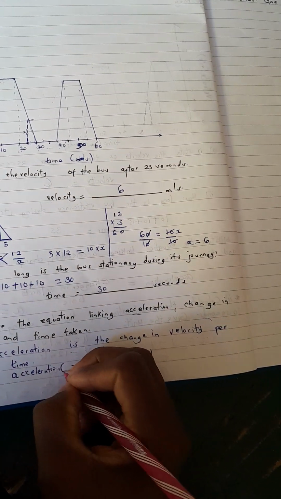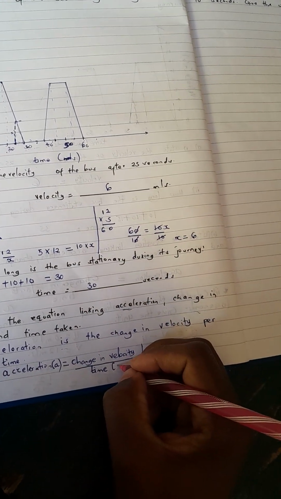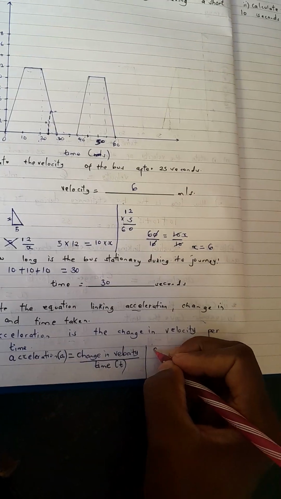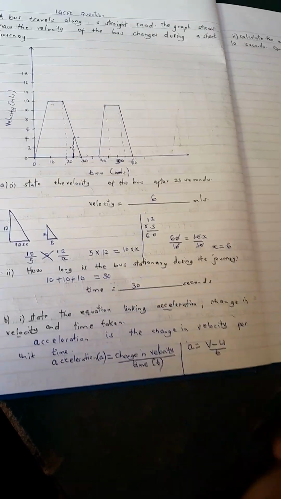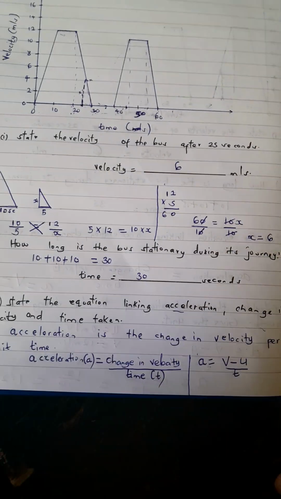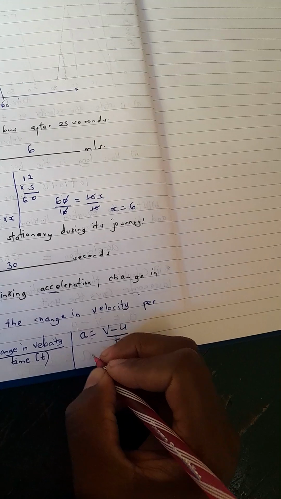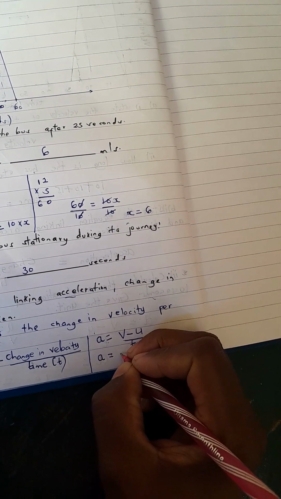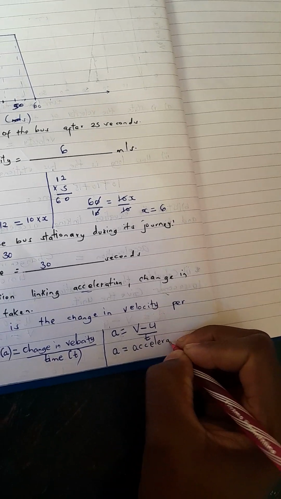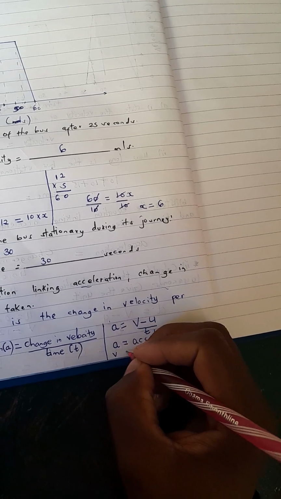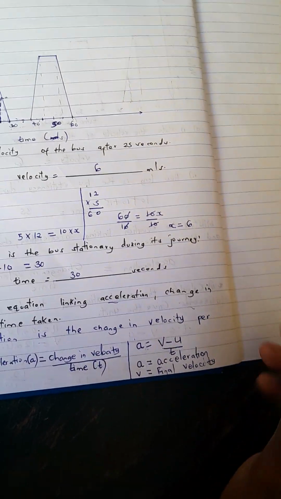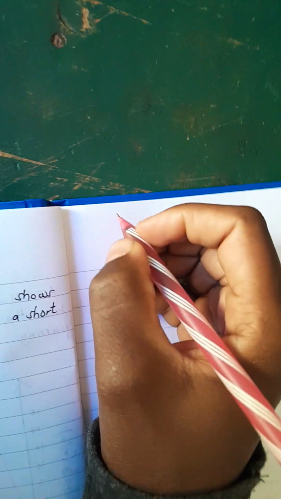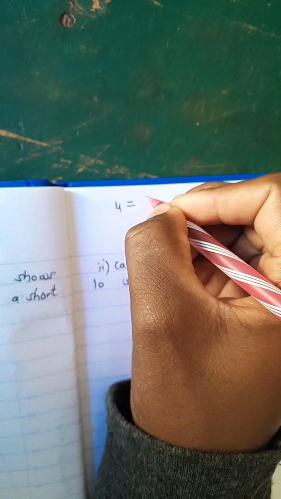We can say acceleration can also be written as A. Time can also be written as T. So basically we can say that acceleration is equal to V minus U divided by T. A stands for acceleration. V stands for final velocity.